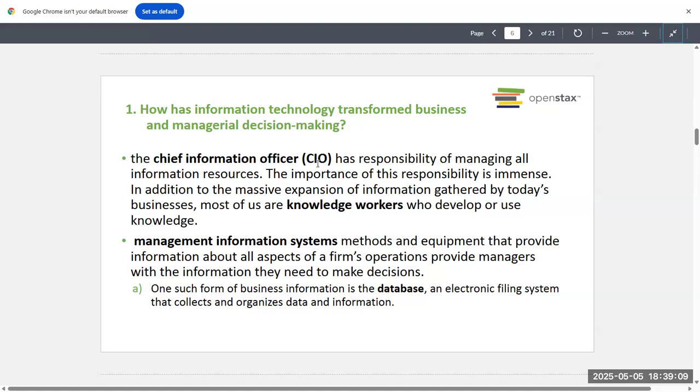So the Chief Information Officer is at the forefront of managing an organization's informational resources, and this role carries significant responsibility, as information is the lifeblood of today's business. What the CIO does is ensure that the right technology is implemented, and that data is available, secure, and used effectively to meet business objectives.